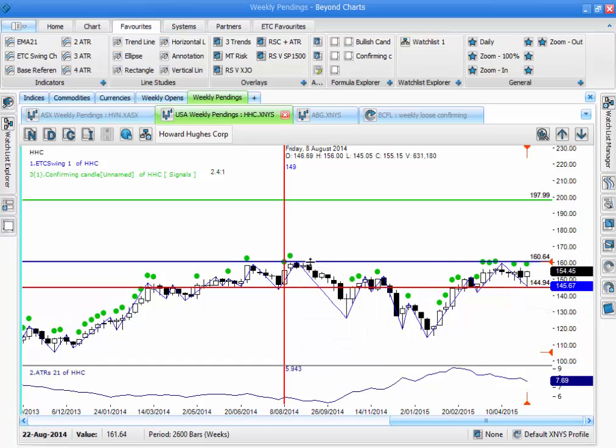So our long-term peak plus 2 pips, so 160.64 will see us entered. Initial stop 2 ATRs below the most recent trough as well, so 0.5% at least below there has our stop at 144.94, and targets up towards the $200 level.